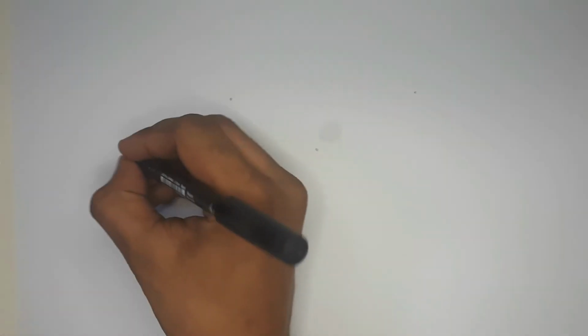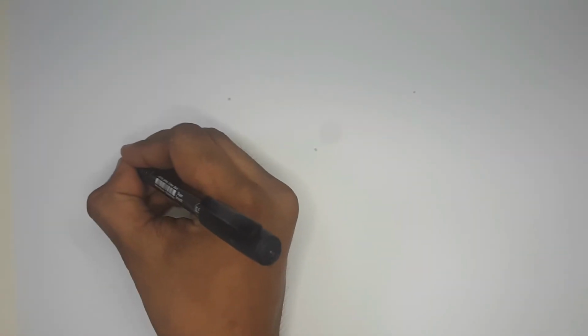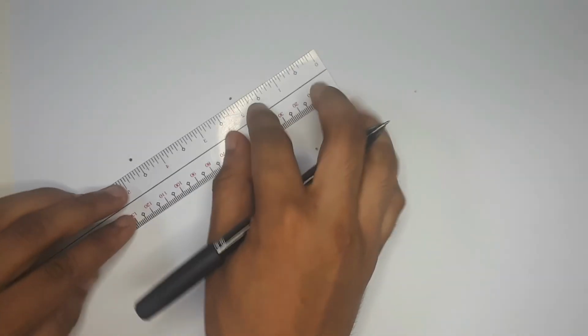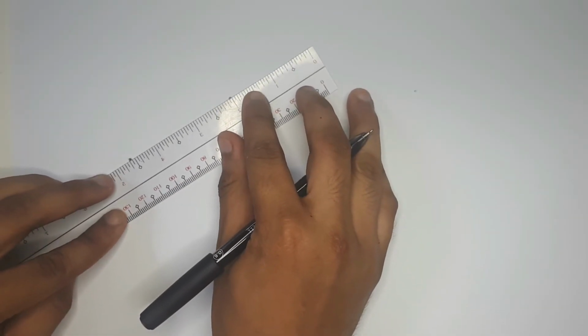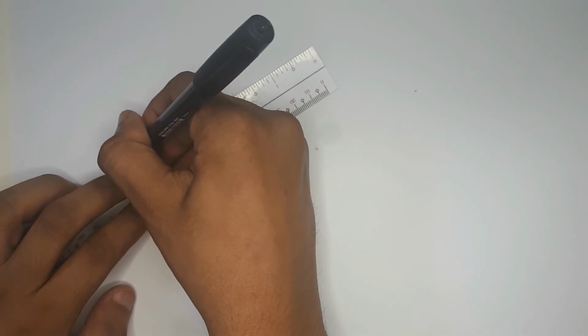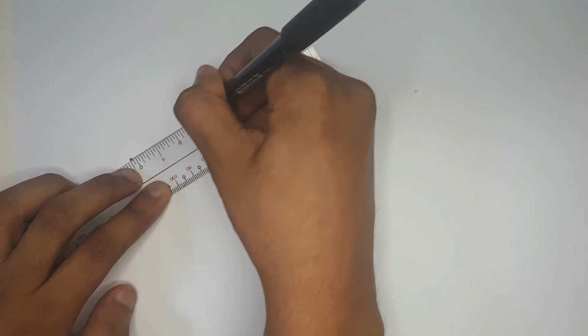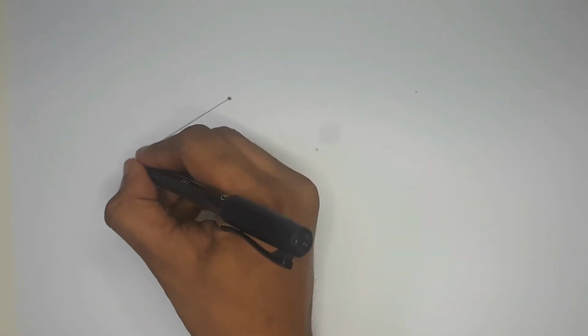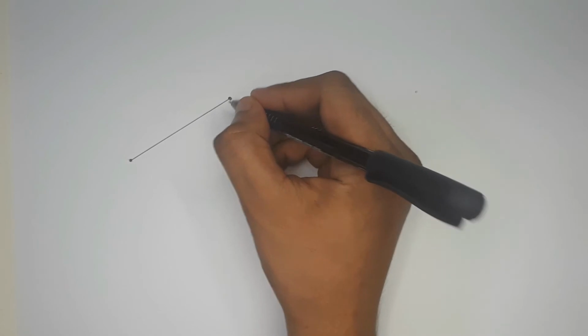So we have our initial point here and our terminal point here. So our line progresses from this point to this point. So this will be our initial point and this will be our terminal point.